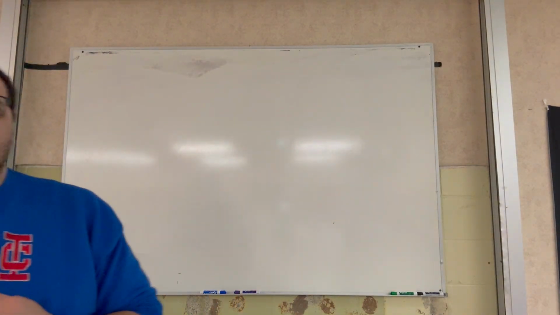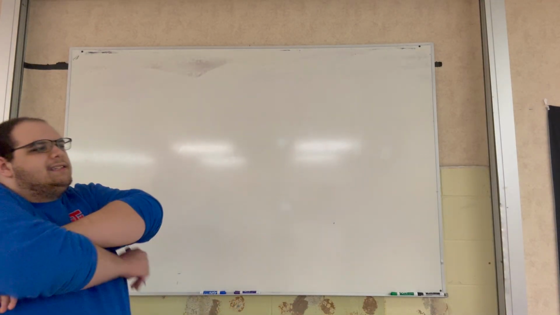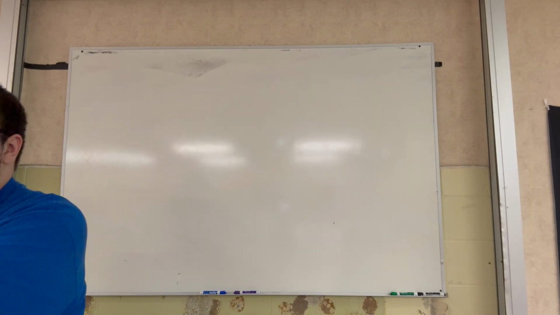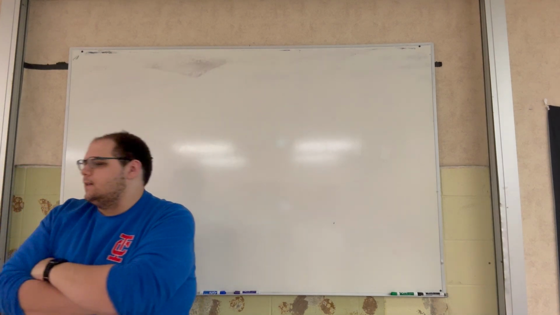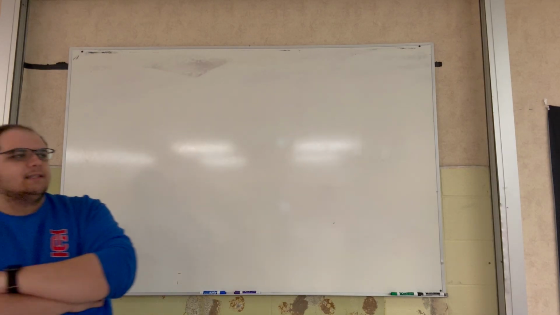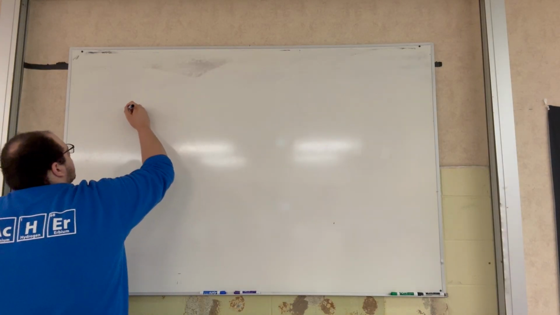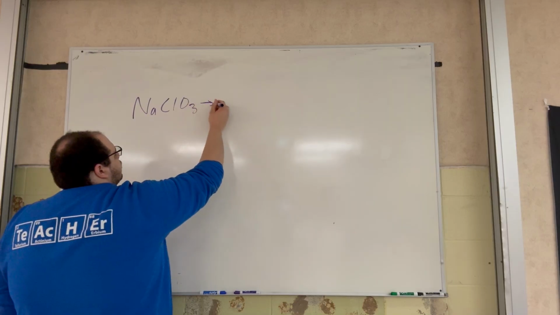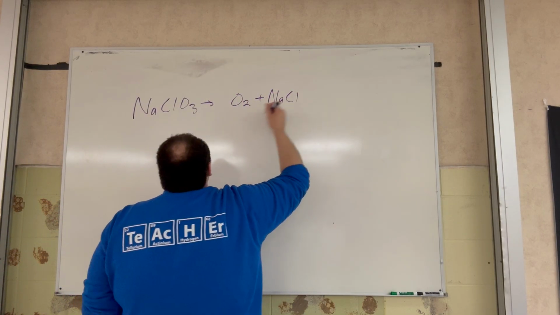Let's do a little translating and figure out what my chemical reaction is going to be. Right away, I see the word decomposes. What kind of chemical reaction do you think we're going to have? Decomposition, right? In decompositions, we know there's one thing on the left and two things on the right. Here we have sodium chlorate decomposing into oxygen gas and sodium chloride.